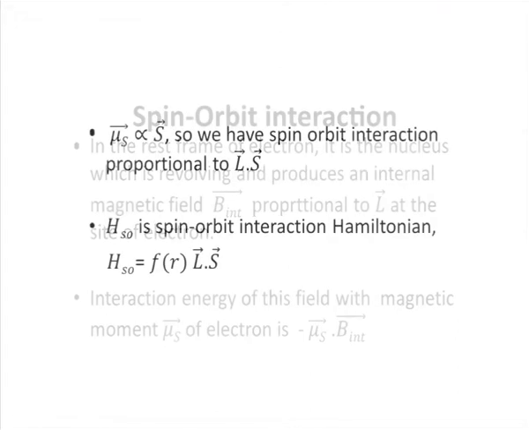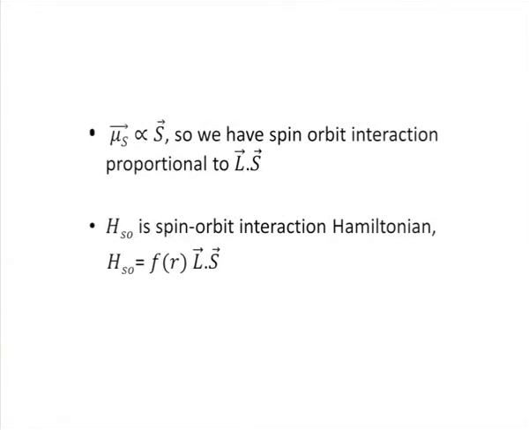Now, the mu_s vector is proportional to the spin vector. So, we have spin orbit interaction proportional to L dot S. H_SO is the spin orbit interaction Hamiltonian. So, H_SO is f(r) times L dot S, where f(r) is some function which depends only on r. It has no angular dependence.